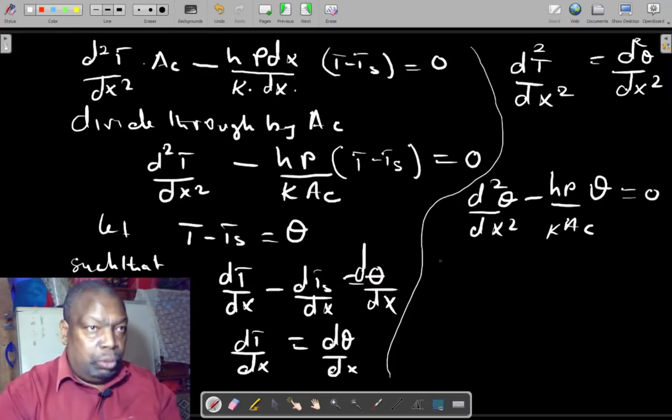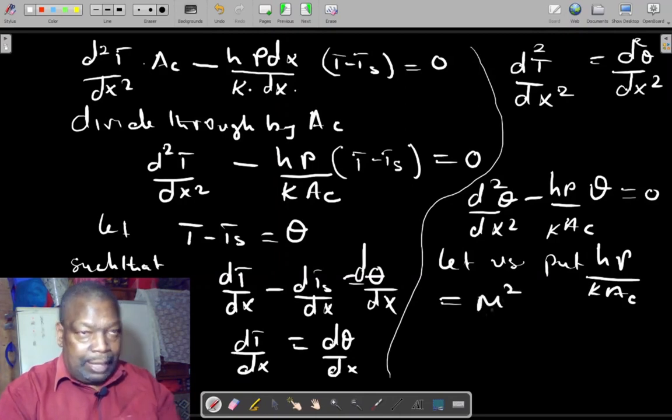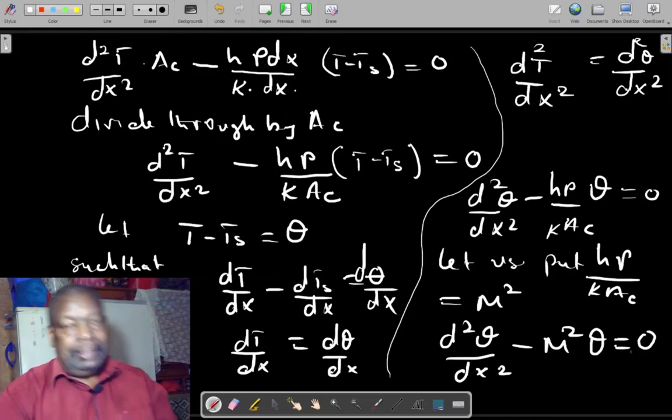Now for some good reasons that we'll see later, let us put hP over k Ac to be equal to m squared, such that now our equation comes to d squared theta by dx squared minus m squared theta is equal to 0.